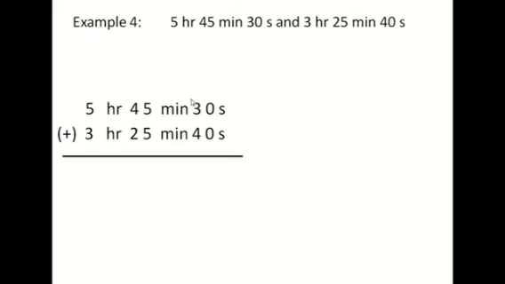So look at the seconds part. Here it is 30 seconds and here it is 40 seconds. If you add them, you will get 70 seconds. So I told you in the previous sum, if it is 60 or more than 60, what will we do? We will subtract 60 from that. Here it is seconds.